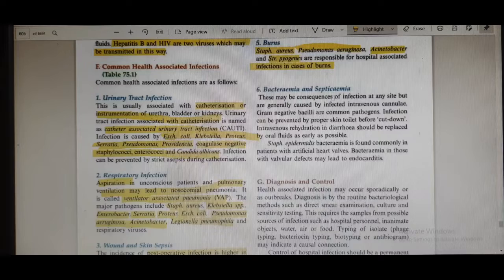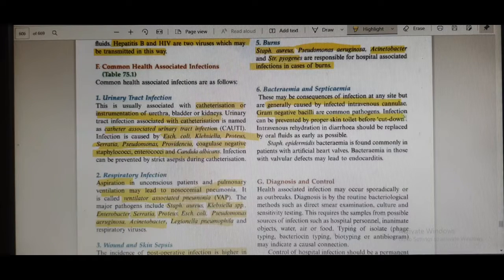Bacteremia and septicemia may be consequences of infection at any site, but are generally caused by infected intravenous cannulas. Gram-negative bacilli are the common pathogens. The infection can be prevented by proper skin toilet before cut down.